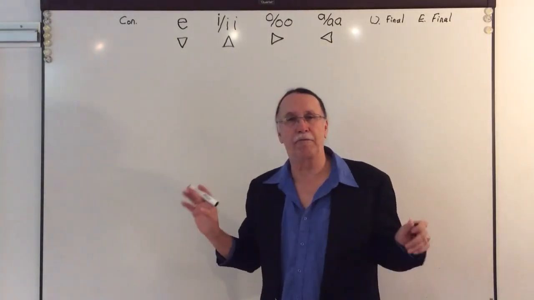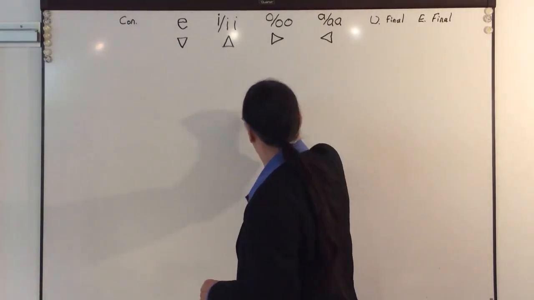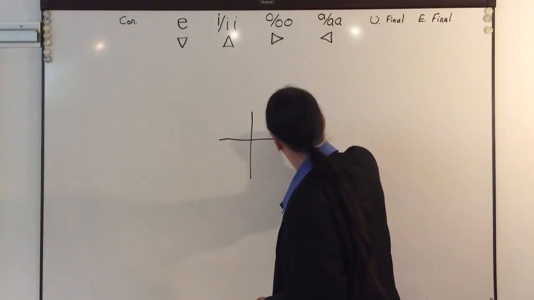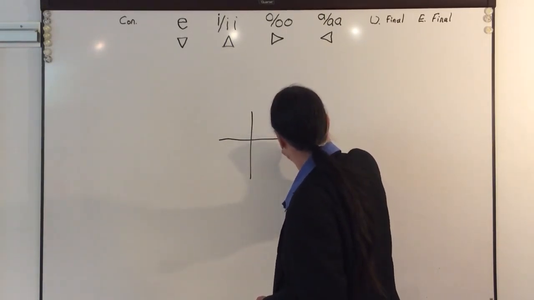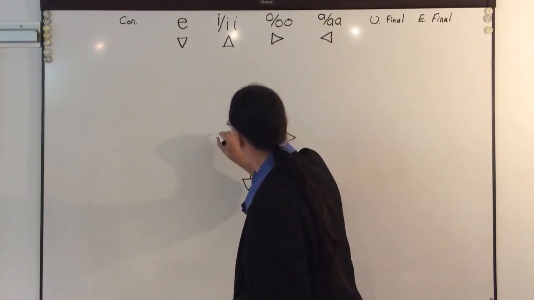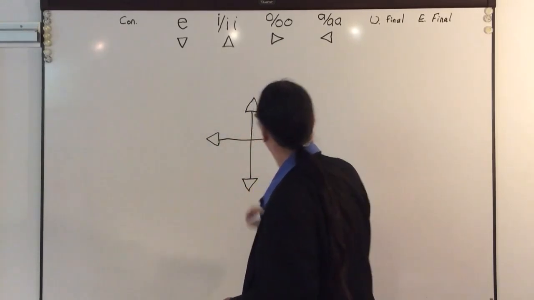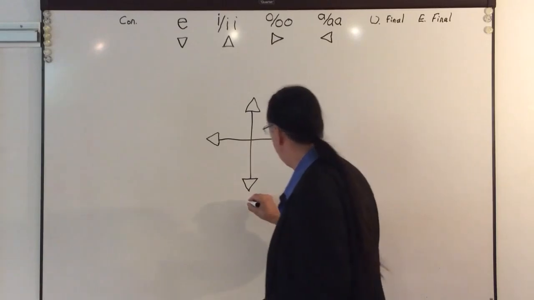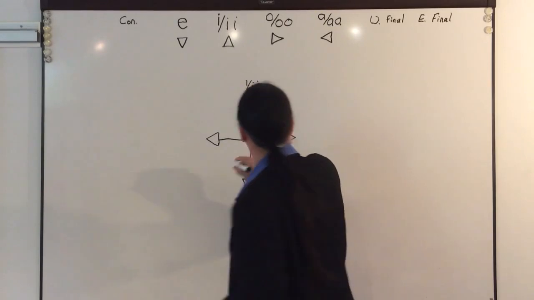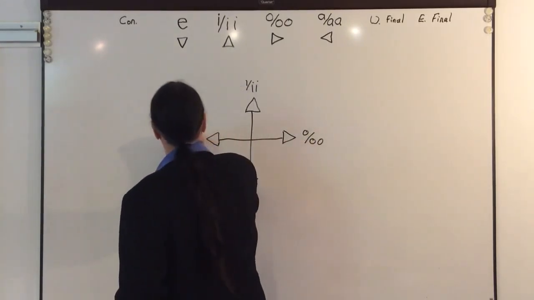Now, before I go any further, I want to show you a little diagram of how that works. I'm going to draw a compass here, okay? And I'm going to put 4 arrows, or 4 triangles, on that compass. And here we have A, E, O, and Ah.